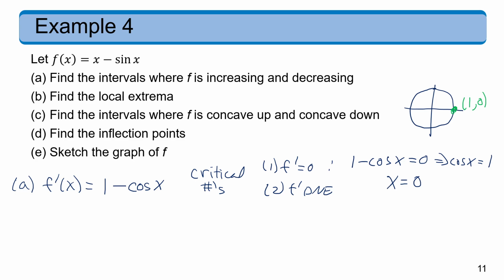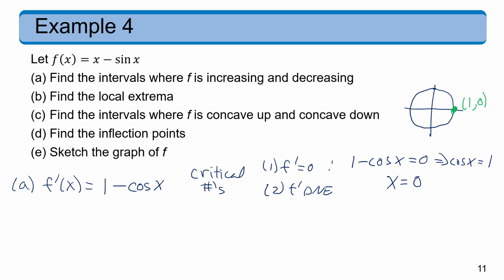But remember, with trig equations like this one, cosine x equals 1, if there's one solution, there's always an infinite number of solutions. And so you have to remember that if you go multiple times around the circle, as long as you end up back at the same point, the cosine value will still be the same. It will be 1. So going around the circle means adding 2 pi, or you could go around twice, add another 2 pi, or another 2 pi.